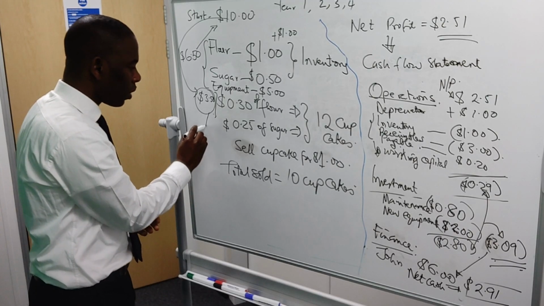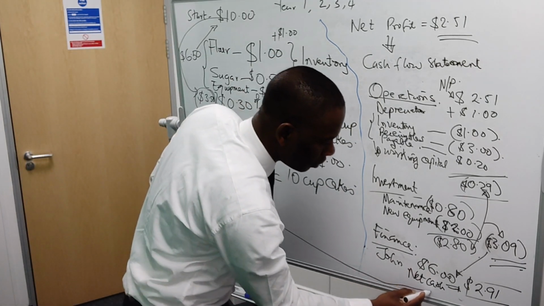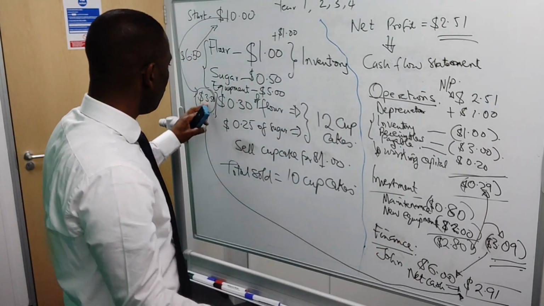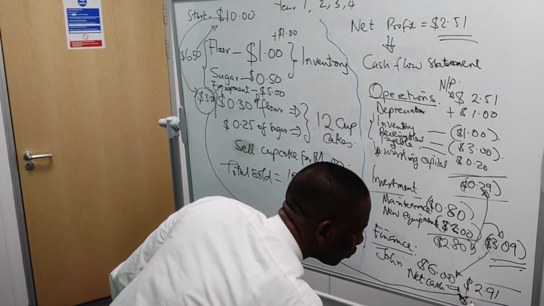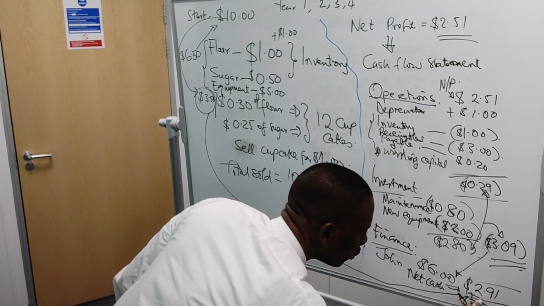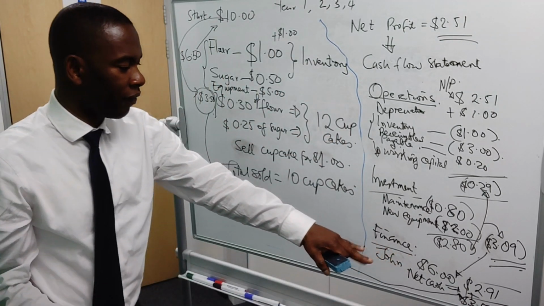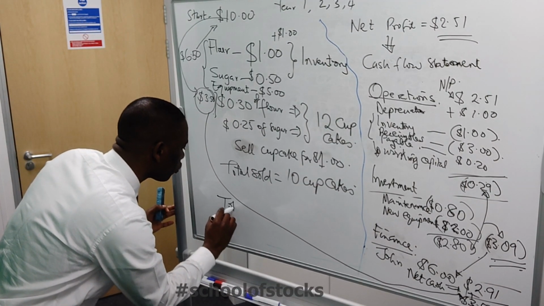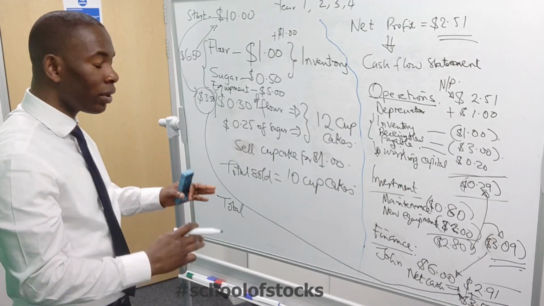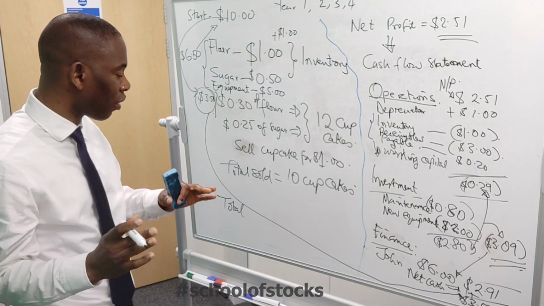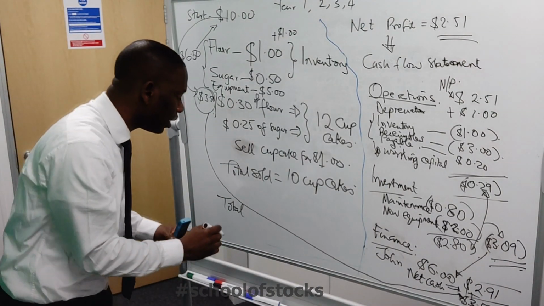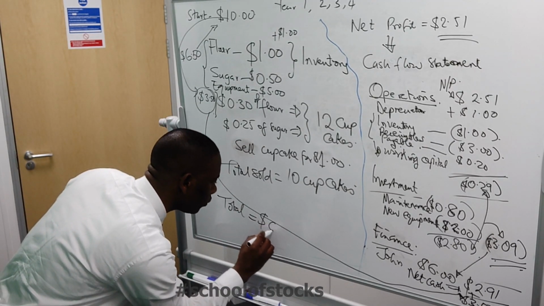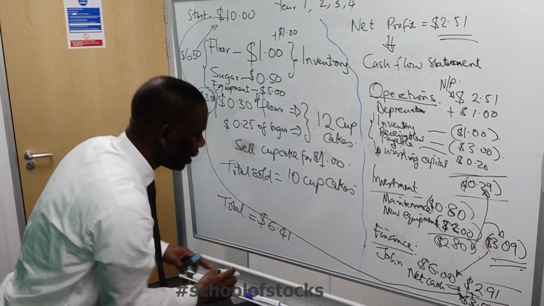So if you take this one right down to this place, when you add, total cash that will appear on another part of your financial statement called balance sheet would now be equal to $6.41.